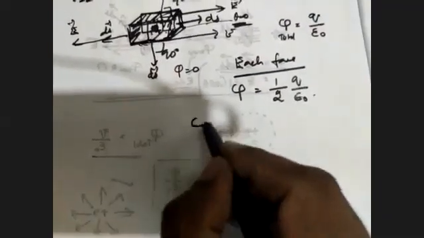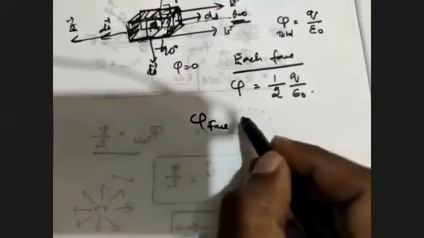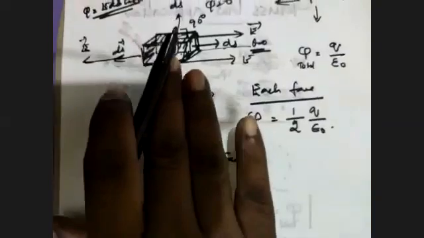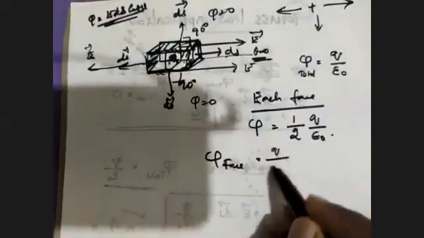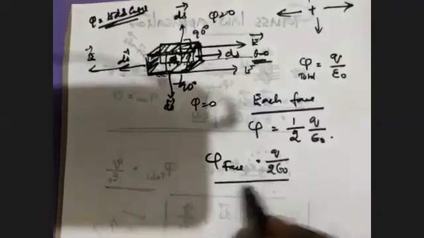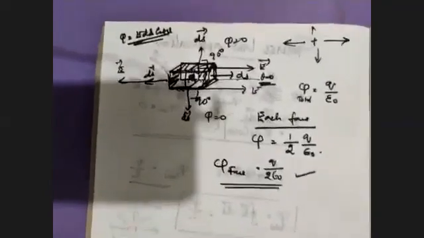So the flux of each face, in this case, what is this case? Charge is at the center of one surface of the cube. Previously, center of the cube. Then each surface gets Q by 2 epsilon naught. This is another problem. Sometimes they will ask like this also.